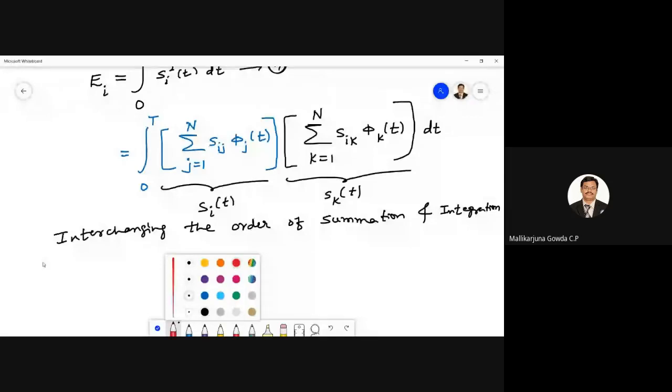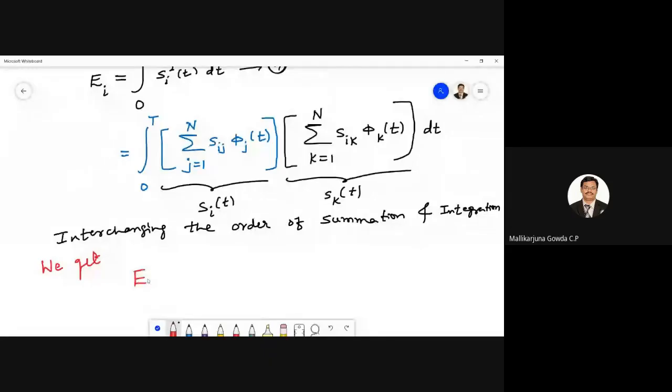We get the energy of the signal SI equal to... I told you, interchange the order of summation and integration, which means take the summation part outside, then write only the integral part with respect to some variables. So I take summation j is 1 to n, Sij I will write here.